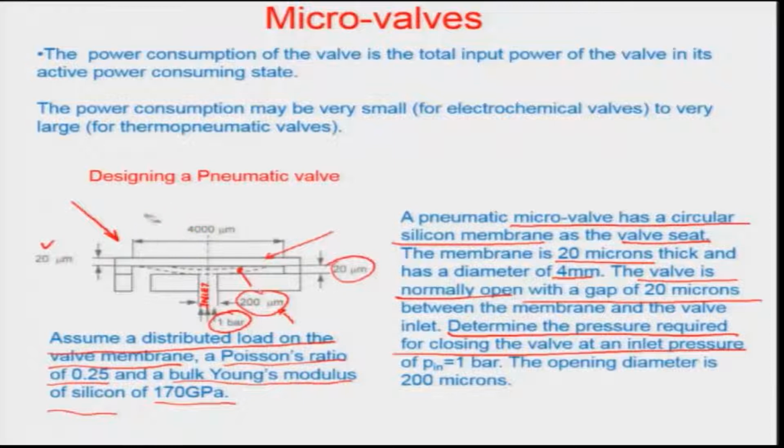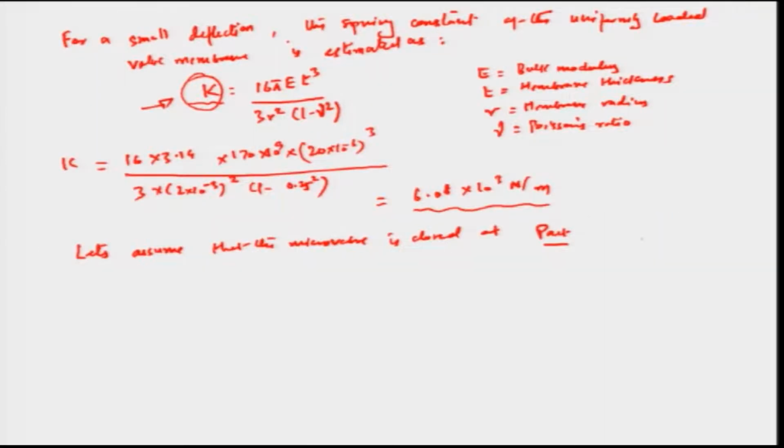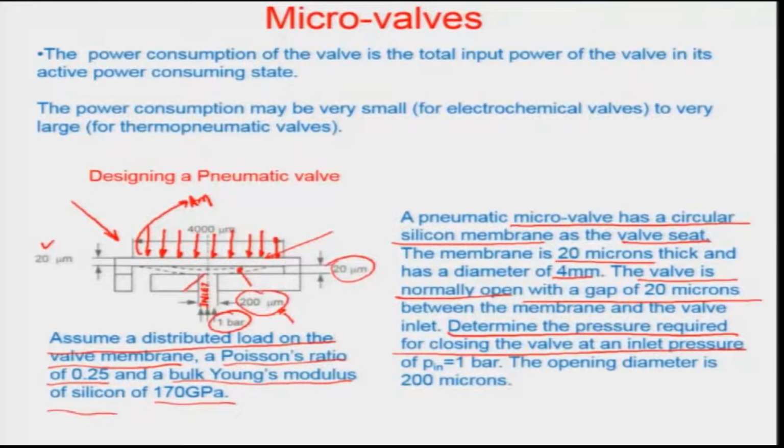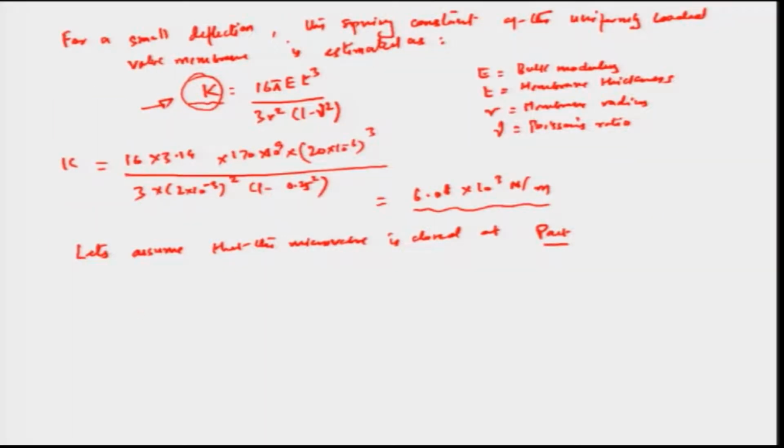You know that the closure can only happen if there is some kind of uniform loading, in terms of force per unit area or pressure, on the free end of the microvalve membrane. So if you assume the area of this interface to be A_m, let us say the area of the membrane, we have P actuation on one side and on the other side the inlet pressure. If we further assume the area of this opening right here to be A open, we can have a force diagram of this particular system.